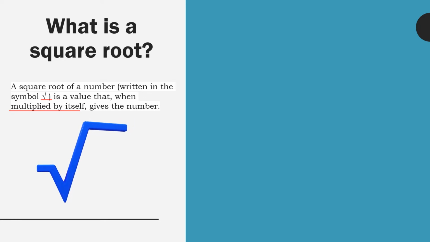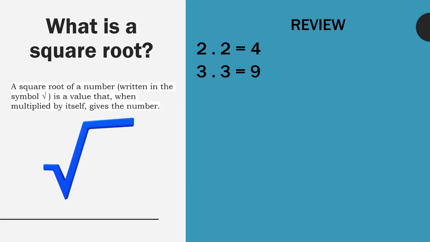So before we proceed, we'll have a little review. We will multiply a number by itself. Let's say, for example, we have 2 multiplied by itself, equals to 4. 3 times 3 equals to 9.